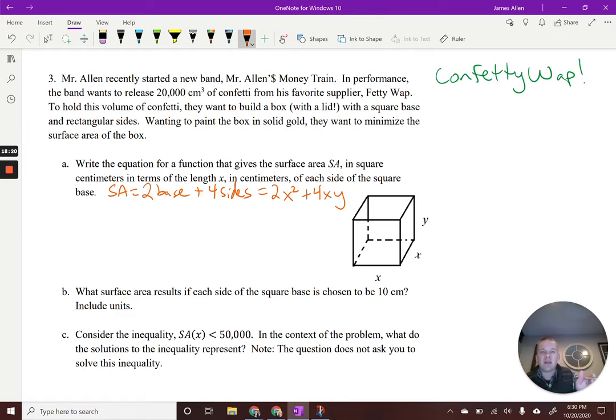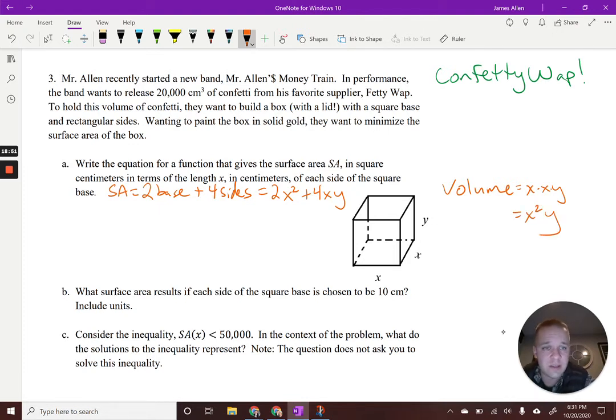Now, I do know that the volume is going to be 20,000 cubic centimeters. So perhaps we could use that to our advantage. So volume, we'll go right here. Actually, I'm going to go over here. So my volume is going to be x times x times y, so x squared y.